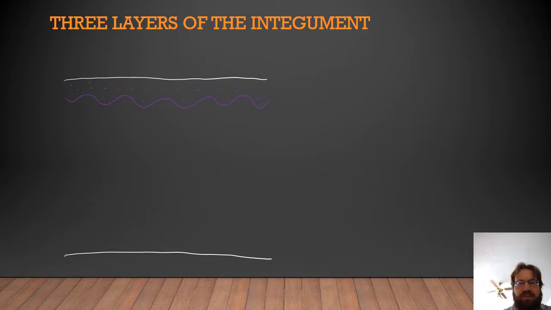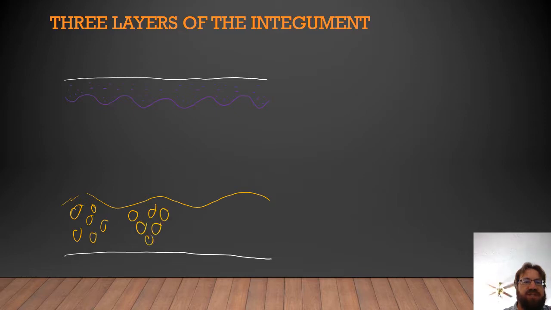Below this purple layer is the main portion of the skin, and then down at the very bottom there is an area made up largely of fat cells, adipocytes, that would make this adipose tissue.